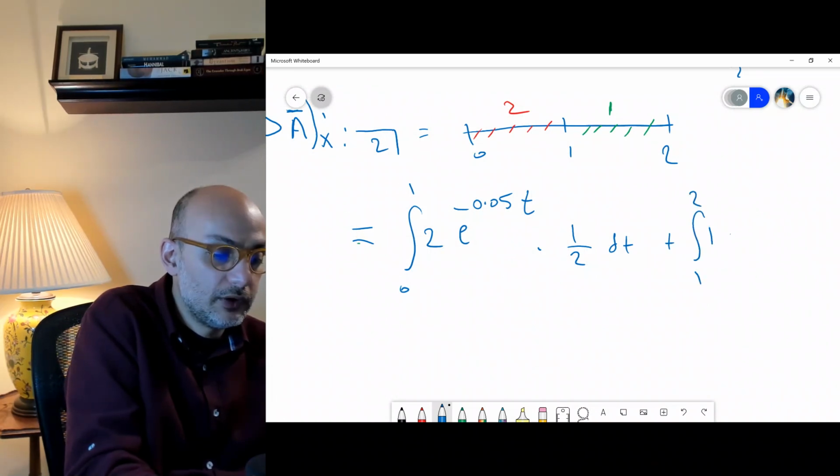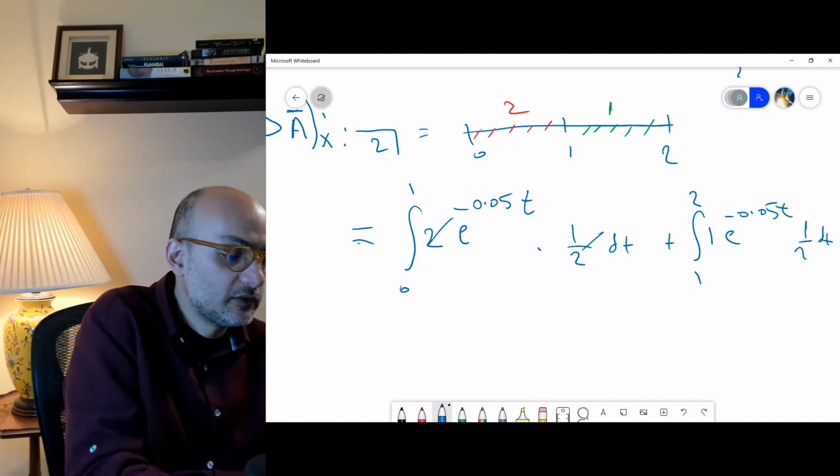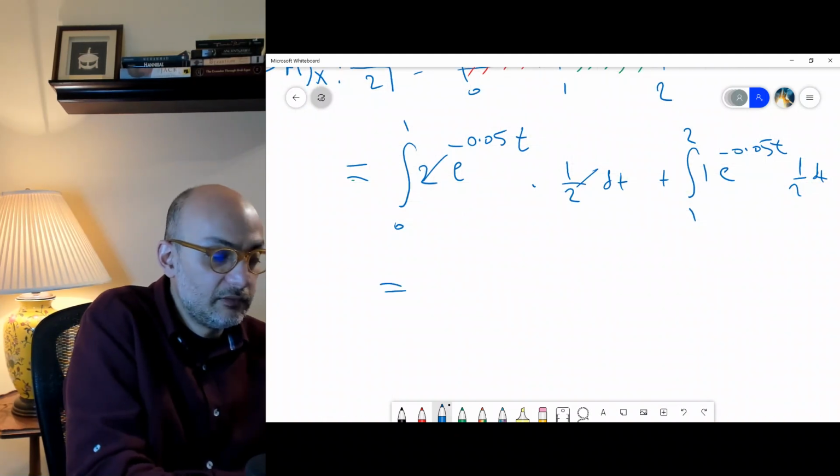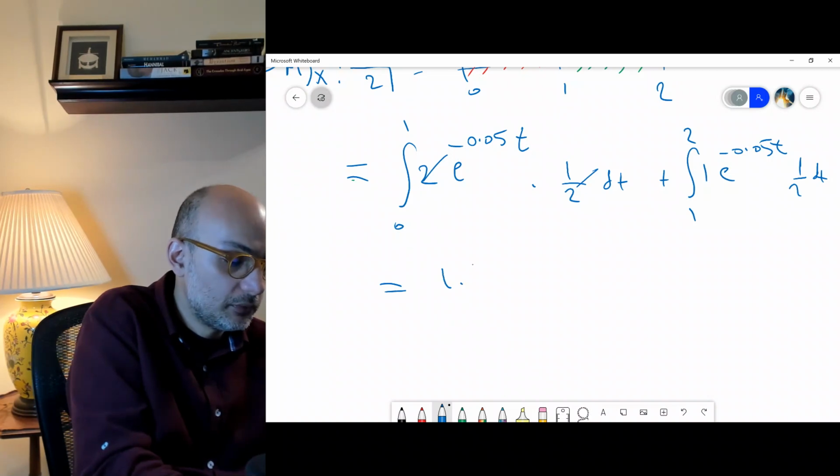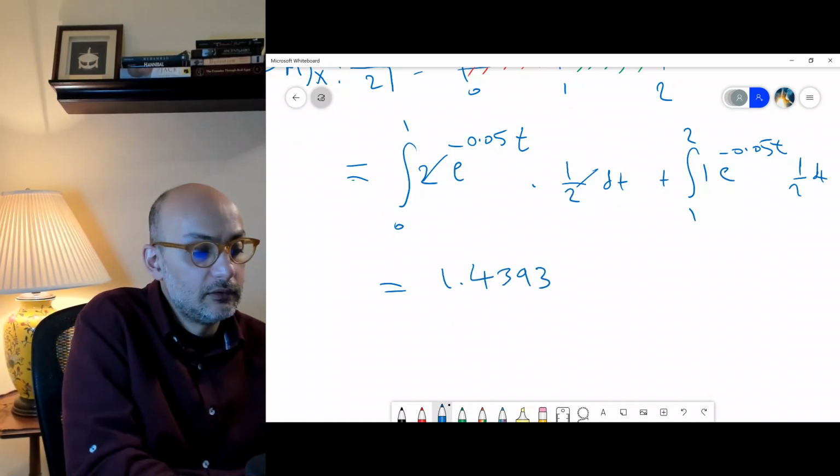Now we have 1 times e^(-0.05t) multiplied by 1/2 dt. If you evaluate this one, it will be 1.4393, right? This is the answer.